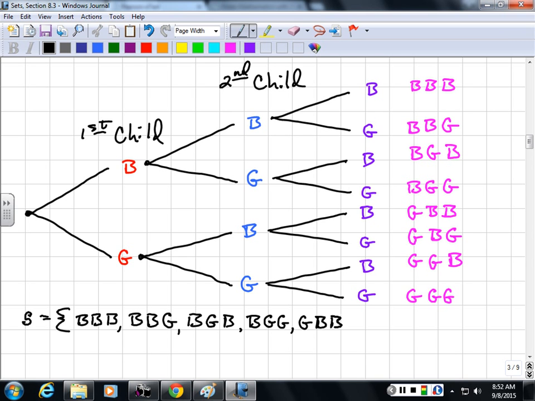Notice once again, I am separating each outcome by parentheses, but each outcome does not have any separation between the letters. I forgot where I was. And hopefully I didn't miss any. Did I miss any? Because I was too busy talking. 3, 6, 8. There we go. That's the sample space. Any questions? Seems pretty easy, right?